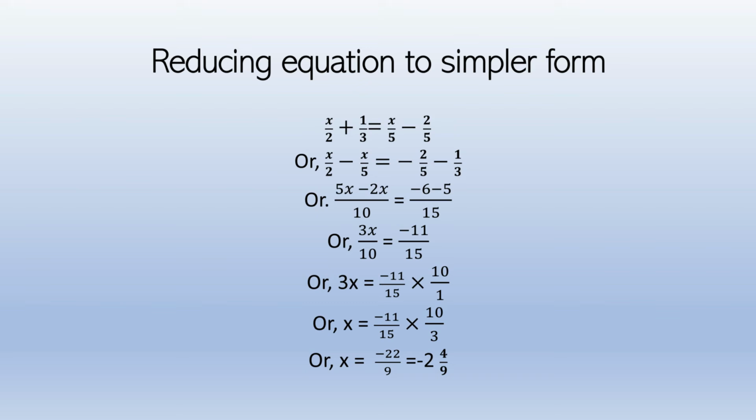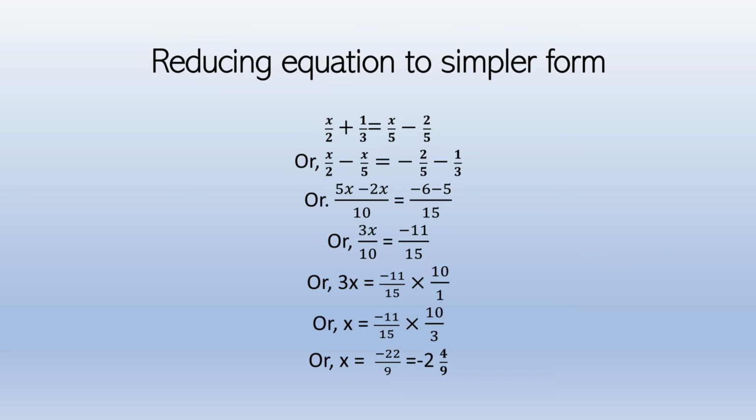To solve this, we have to use simple fraction additions and subtractions. By using the fraction addition and subtraction rules, we get our third step. On the left hand side, the numerator is 5x minus 2x and the denominator is the LCM of 2 and 5.